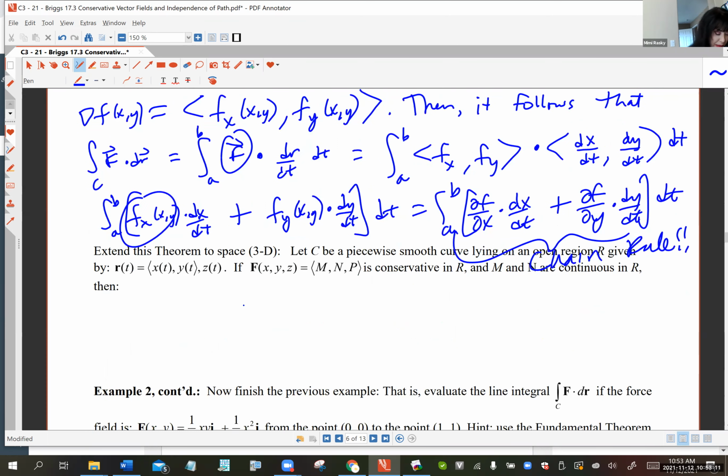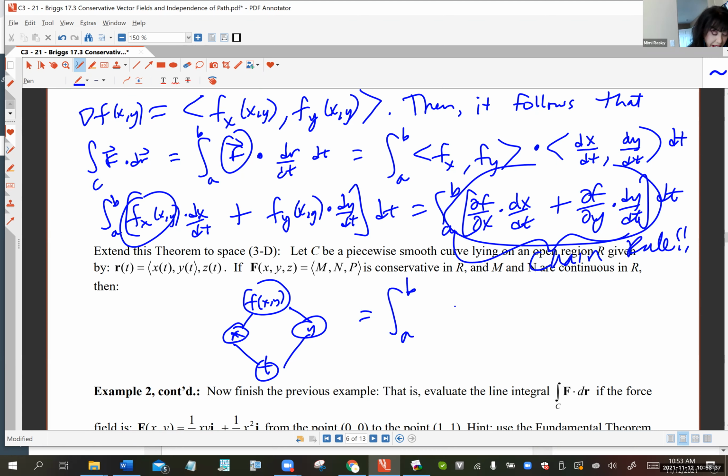What do I mean? You had some f up here that was a function of x and y, and x and y were both functions of t. Remember these little schematics? You guys should be so excited right now. I'm excited for you. So what am I saying? I'm going to replace that big old chain rule with what it is.